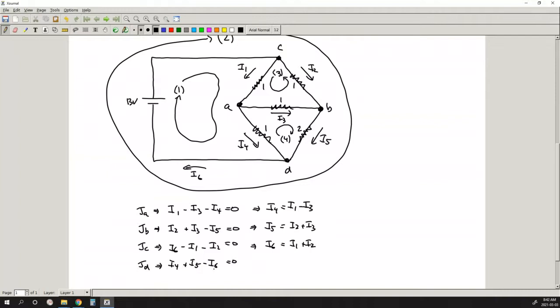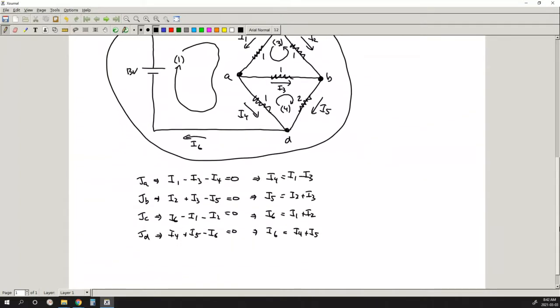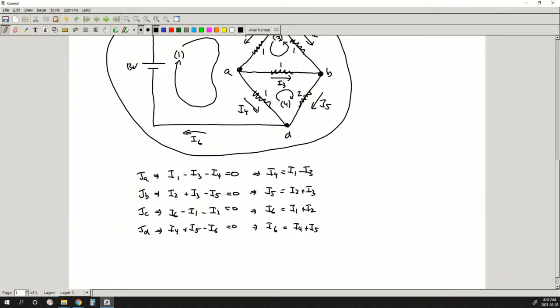And if we look at the last one, we will have I6 equal to I4 plus I5. Okay, so we have that. Let's now clean this up a little bit further.